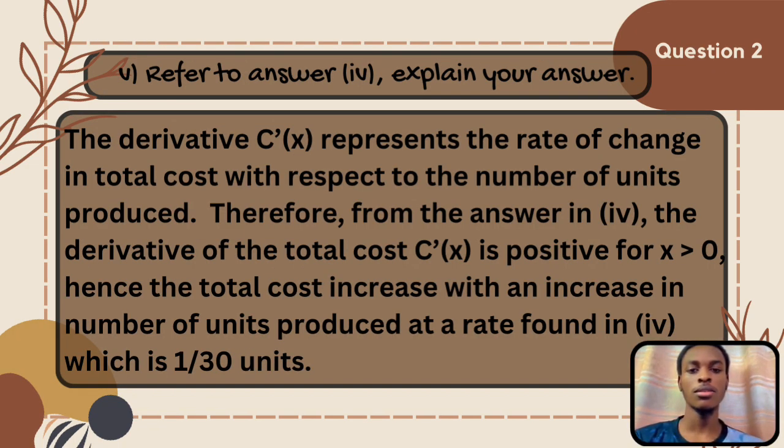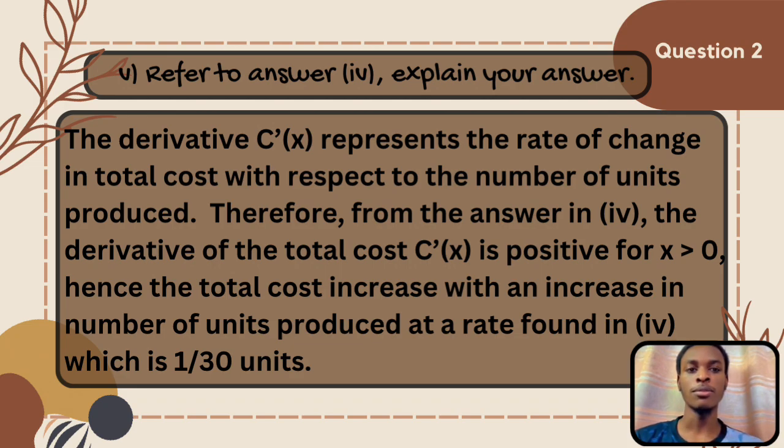In this slide, we are asked to explain the derivative C'(x) of the total cost function C(x) and its significance. The derivative C'(x) represents the rate of change in total cost with respect to the number of units produced. From the previous answer, we found that C'(x) is equal to 5 plus x by 30.